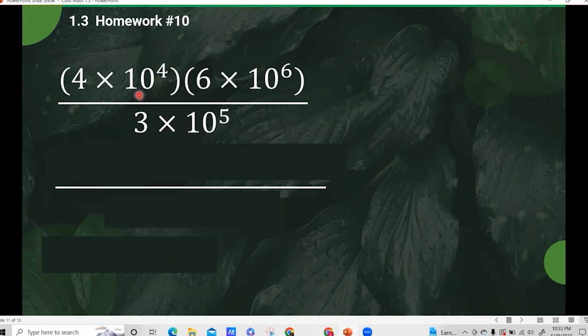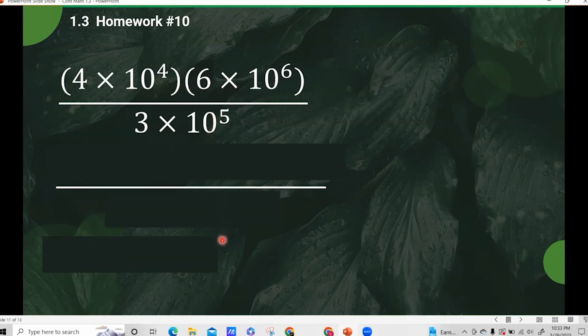So what we're going to do is take this problem and simplify it. We're going to get it out of scientific notation. Then we're going to use our calculator and work it out. And then we're going to put the answer back in scientific notation because that's the way they want it in WebAssign. Okay, so let's work through these steps.